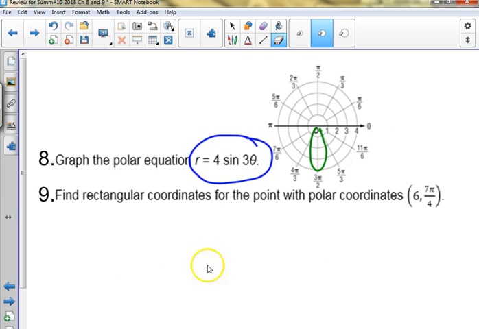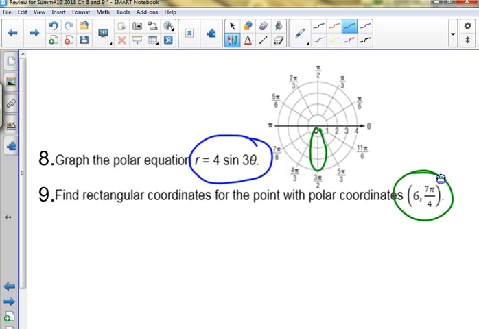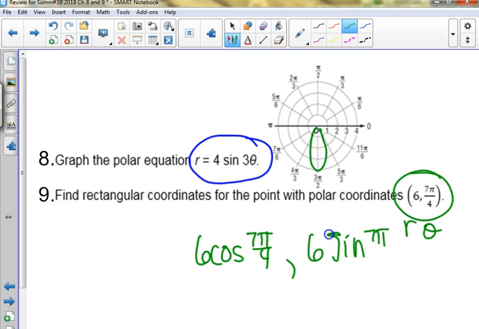Guys, we didn't get to this question and this concept is on there. When you're given the polar, how do you go back to the rectangular? This is just 6 cosine of 7 pi over 4 and 6 sine of 7 pi over 4. Now, if it happened to be a multiple choice question, it might be exact.